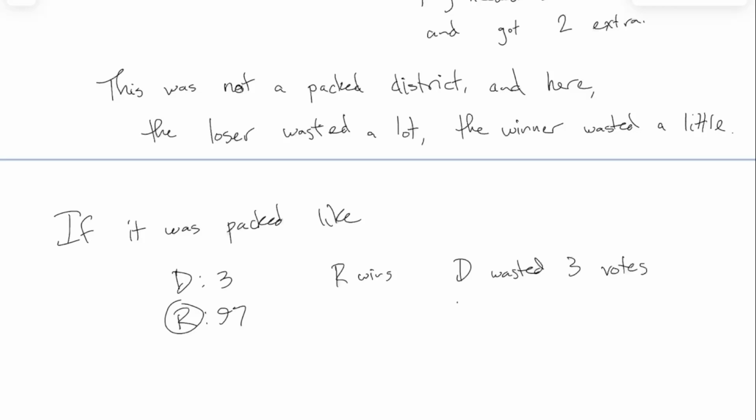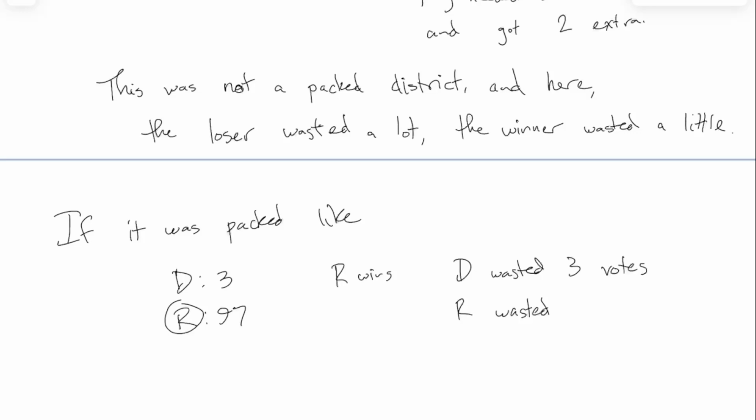And the R, can anybody say, any masters of subtraction out there? How many votes are wasted by the Republican? That is, how many extra votes do they get beyond what they need to win? Yeah? 42. How did you get that? Oh, or would it be 40? It's 40 something. 45, 46, something like that.